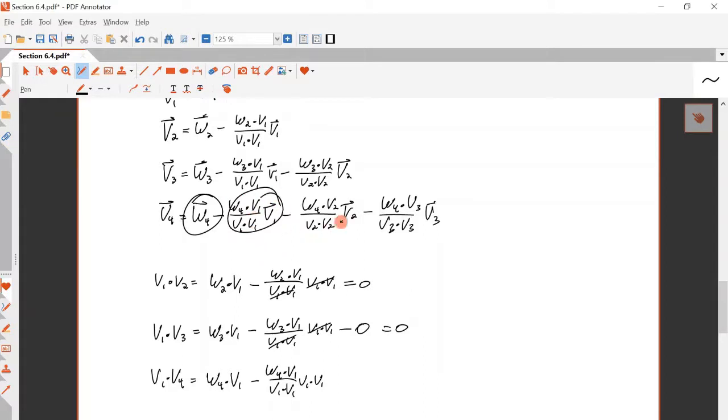Then V1 dot V2 is 0, we already determined that, and V1 dot V3 is 0, we already determined that. So you see why you have to go in order like this. It matters how you check them, because you have to establish this is 0 and that's 0 before that's 0. These guys cancel, and V4 dot V1 minus V4 dot V1 is 0.